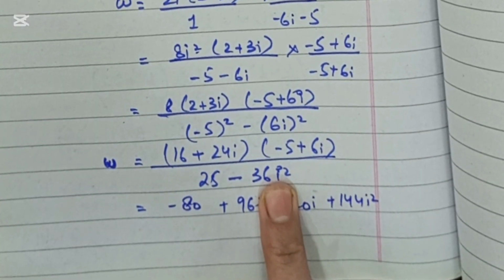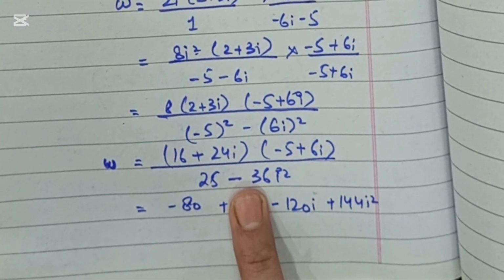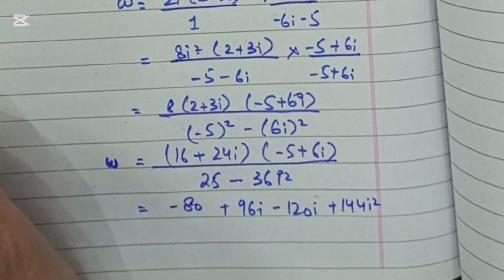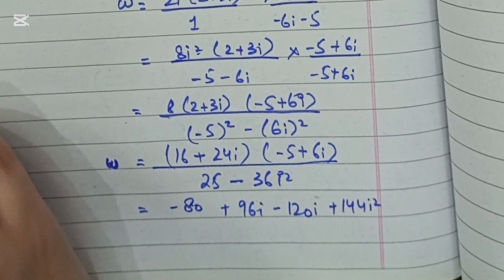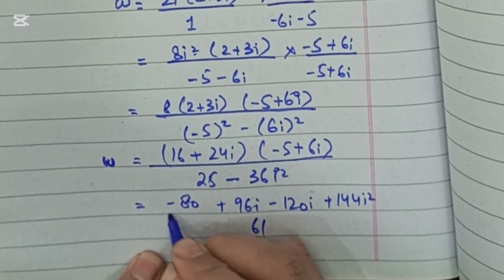In the denominator iota square will change the sign, it will be plus 25 plus 36, it's 61 in the denominator.